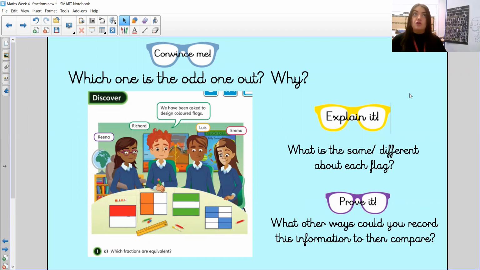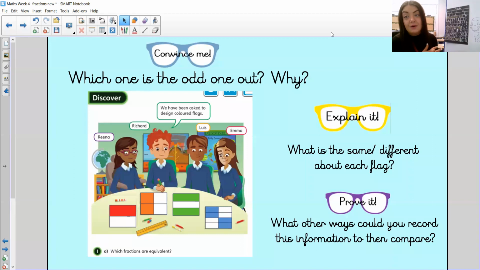You might want to use your fraction wall, or you might want to do another drawing to show that they are different. Okay, so what's the same and what's different about each flag? Which one is the odd one out and why is that one the odd one out? And is there another way that you could prove or record this information to show that you are correct? Once you've had a go at that, come on back.